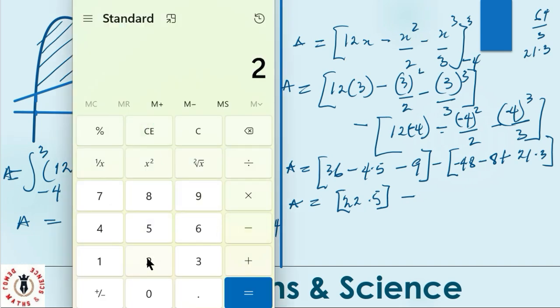I prefer to start with the positive 21.3, minus 48, minus 8.